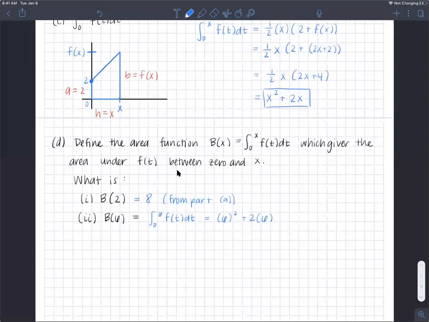And here you're going to get, what is this, 36 plus 12? What's that? 48. And so that's going to be the area under the line 2t plus 2 from 0 to 6.